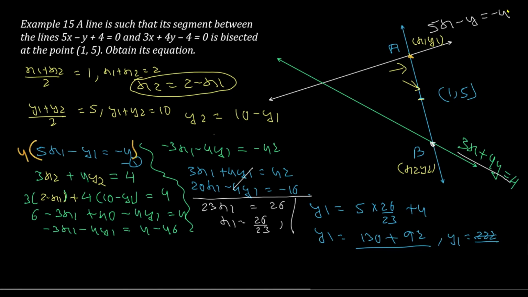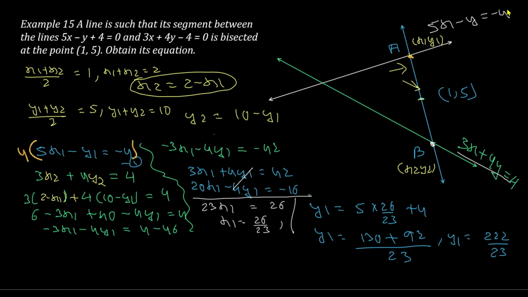So I can see that it cannot be reduced because this is not divisible. So I'll keep this as it is, which is 2 divided by 23.